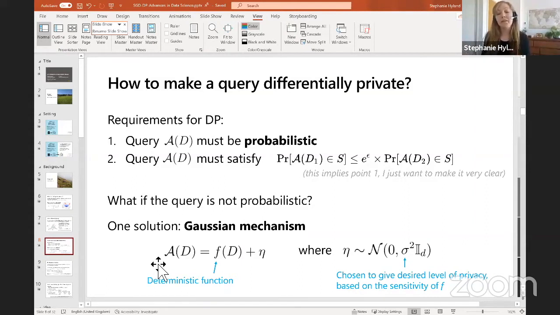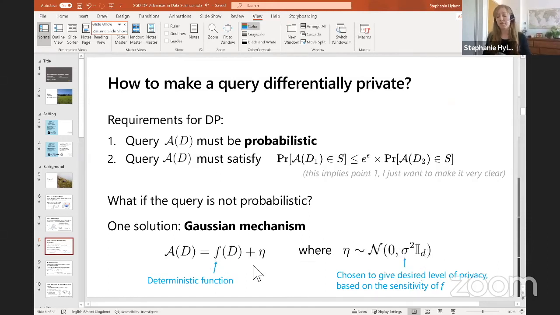And then we can apply noise to it to make the outcome have a probability distribution. One method of doing this is called the Gaussian mechanism, where we take our deterministic function and then add noise, which is calibrated to give the desired level of privacy, based on the sensitivity of this function f.